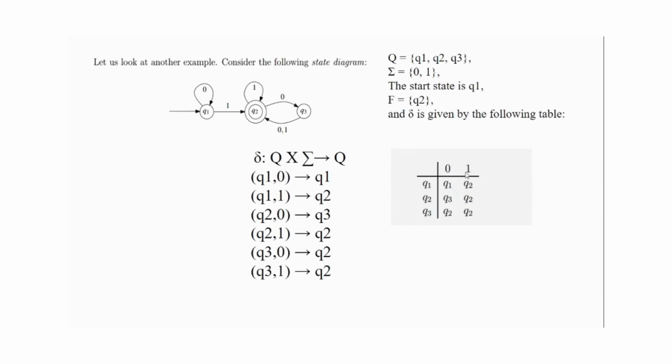Look at this one. These are the input alphabets and these are the current states. This is current state q1 and this is the input alphabet 0. So q1 on taking input 0 will move to state q1.